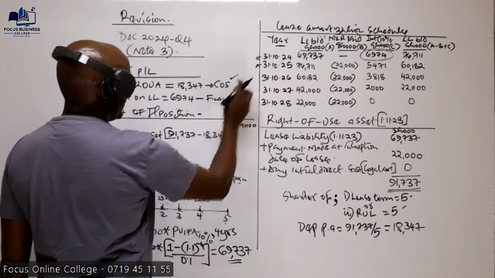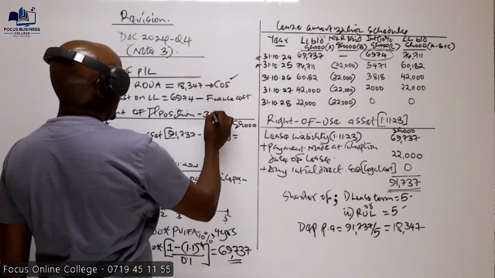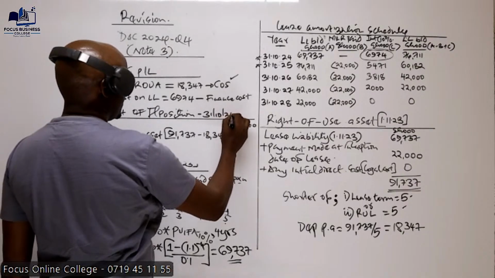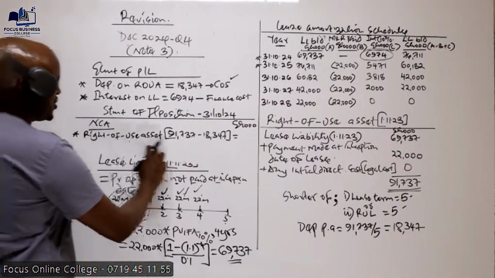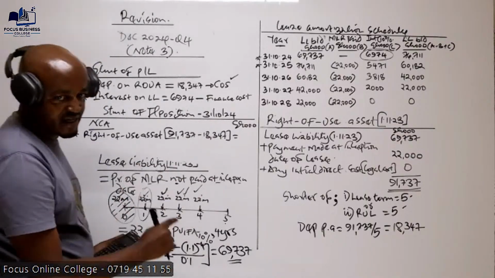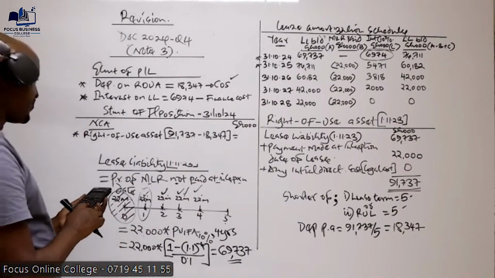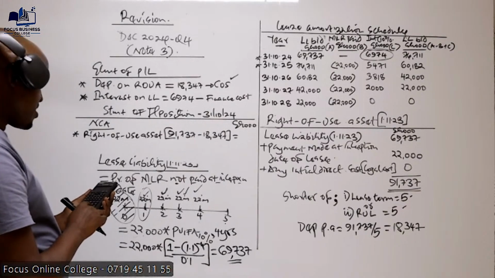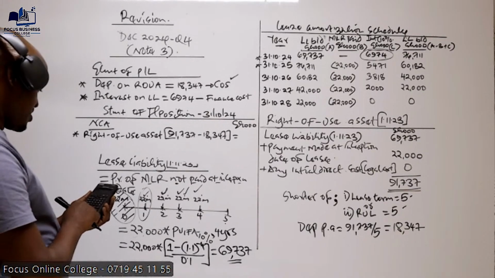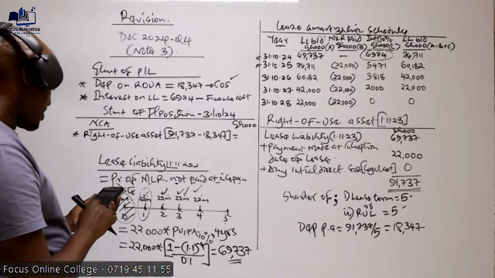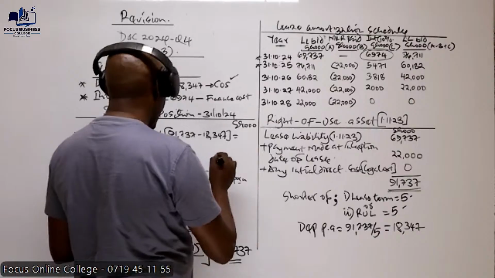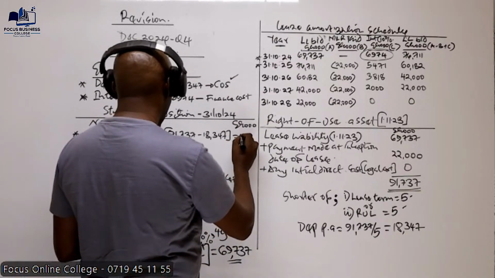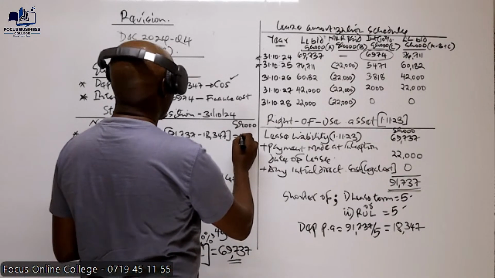So in the statement of financial position for this year, this is what the company was supposed to recognize. Under the non-current asset, the company was supposed to recognize the right of use asset at the net book value. How much is the net book value here? So we have 91,737 minus 18,347. And basically, that will give us what?